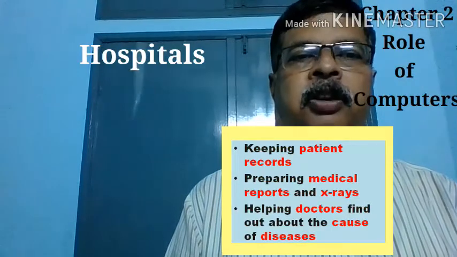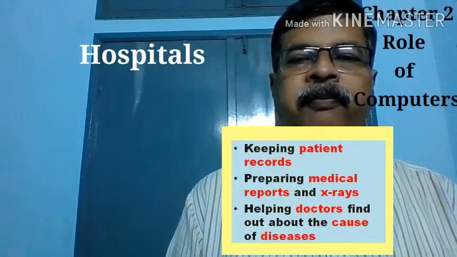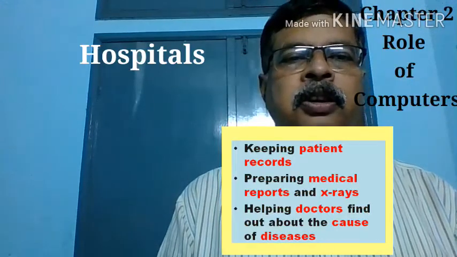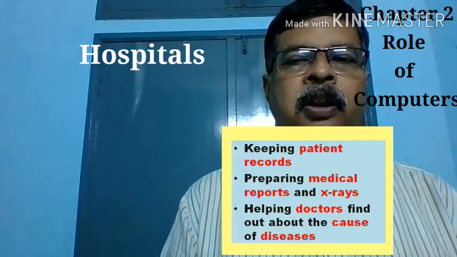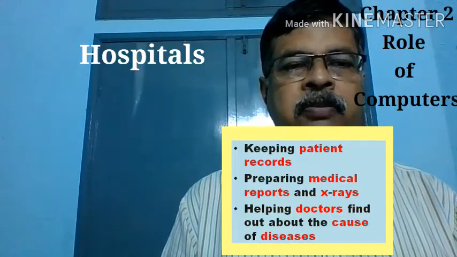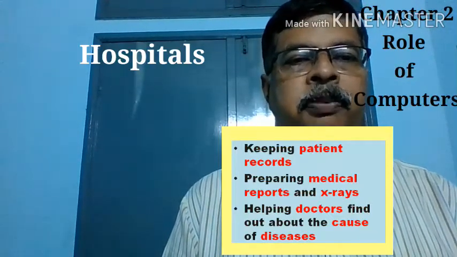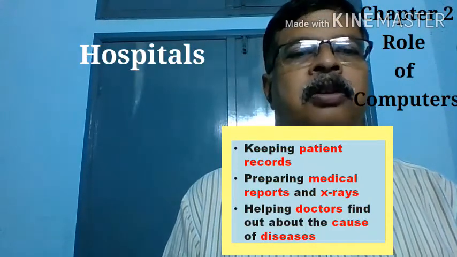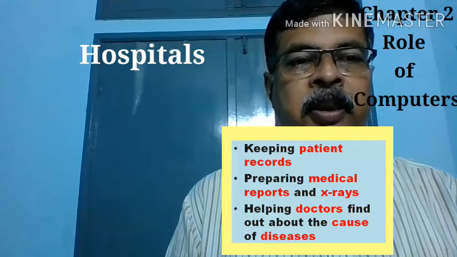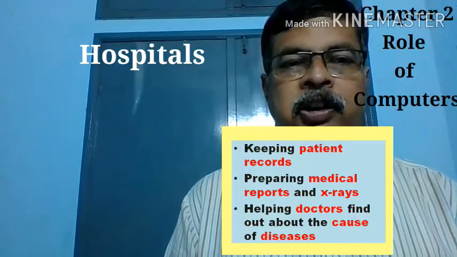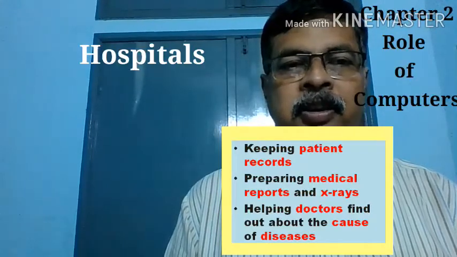It's a special sort of computer. And computers also help doctors in their research work to find out about the cause of diseases. So as I told you, there are a lot of machines used for treating people. These machines are special sort of computers, computer guided rather, to use the exact term. And now after this, watch a small video of one such machine in operation.